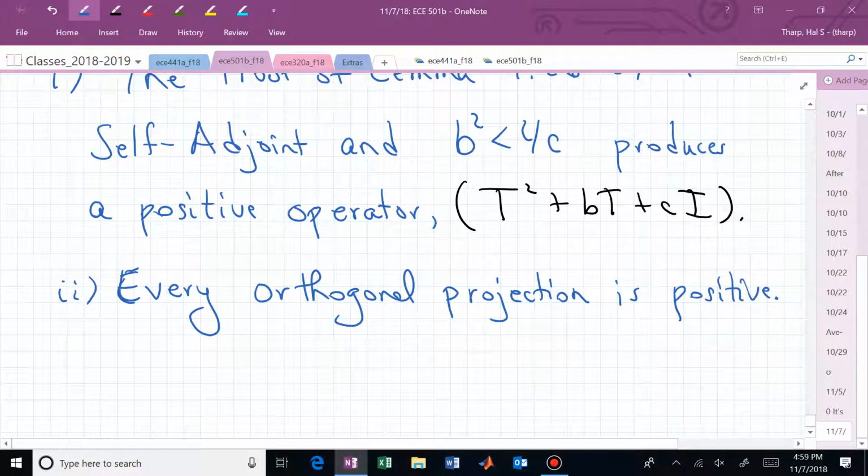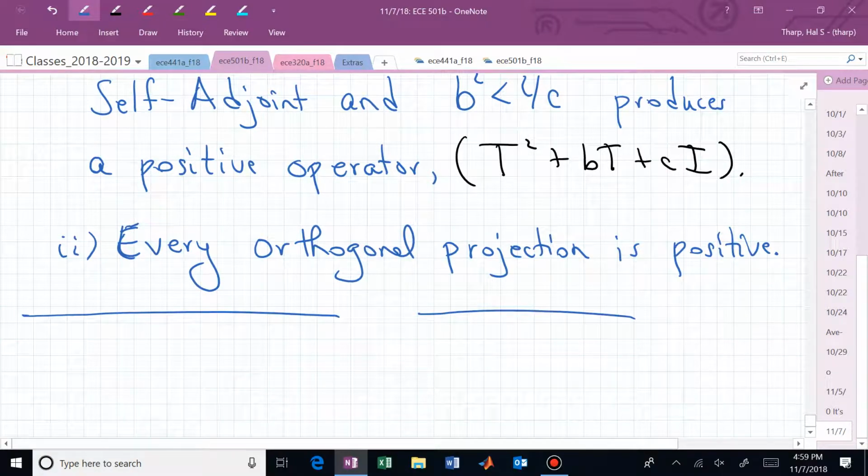Remember what we talked about before, in this room, now I give you a point in this volume. That now creates a vector. If we want to project that orthogonally onto the floor, that orthogonal projection now would be a positive operator. Those are some examples.